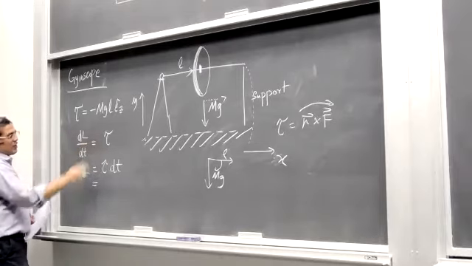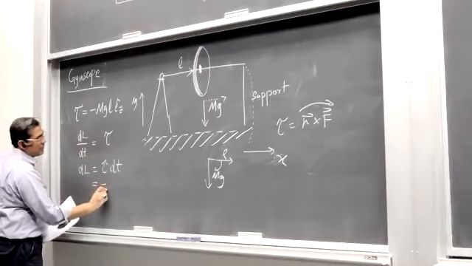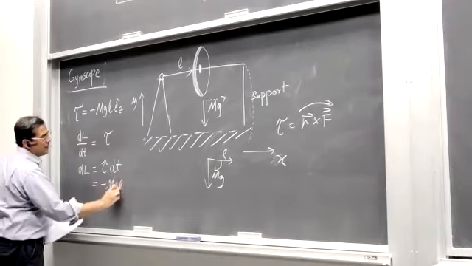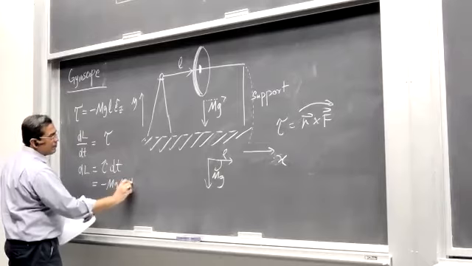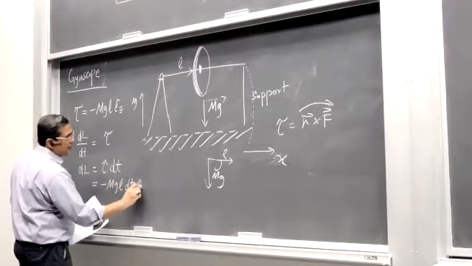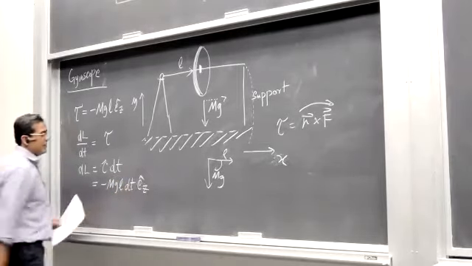And now I know what tau is. So the change in angular momentum is mgl dt Ez.